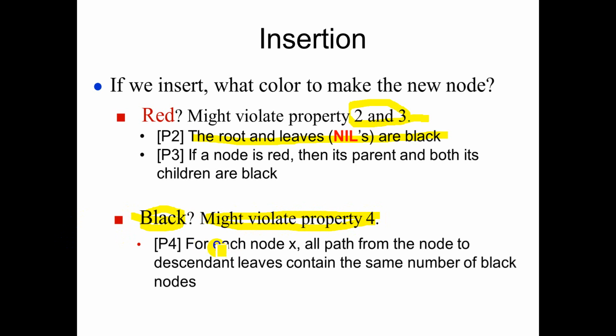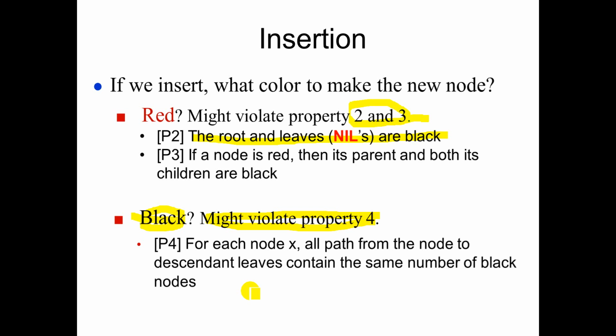We know that for each node x, all paths from the node to descendant leaves contain the same number of black nodes. So we are adding one more black node. So in that path, it will be plus one on the path length or the black height number, right? So it will violate property 4.